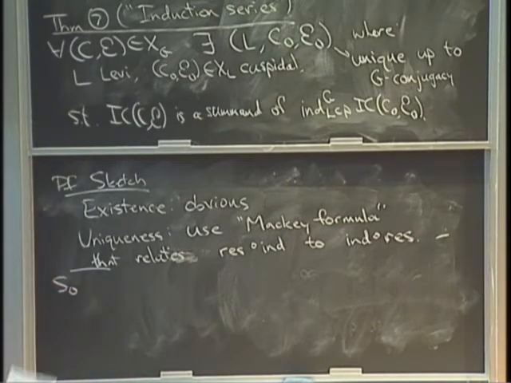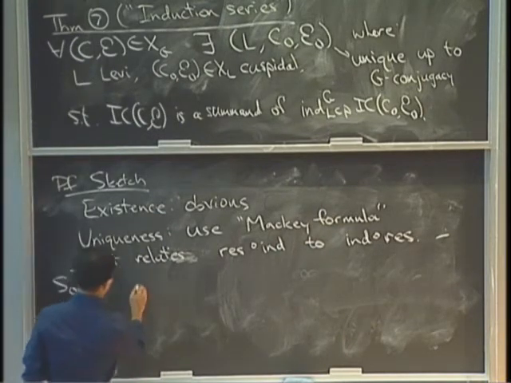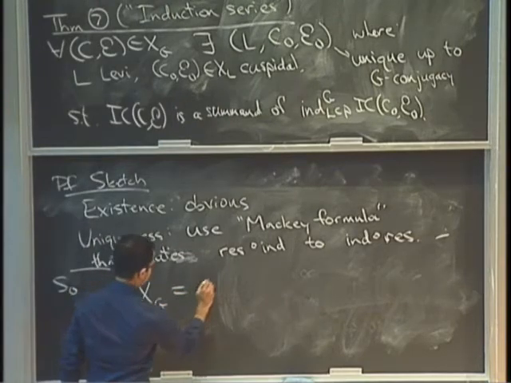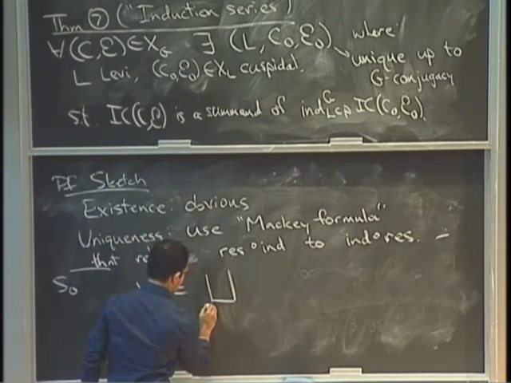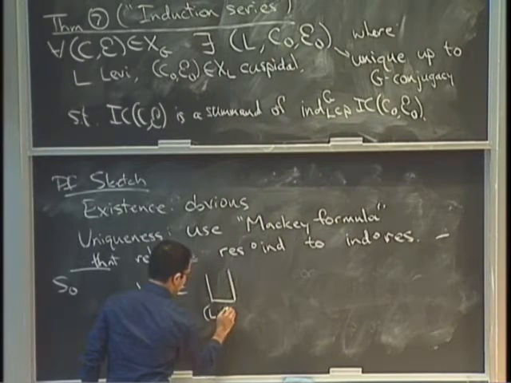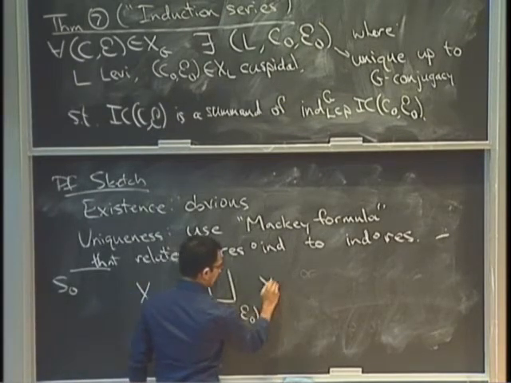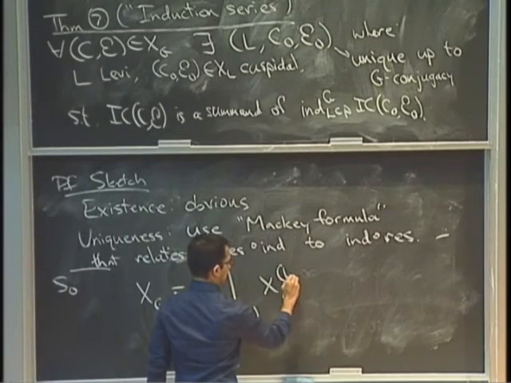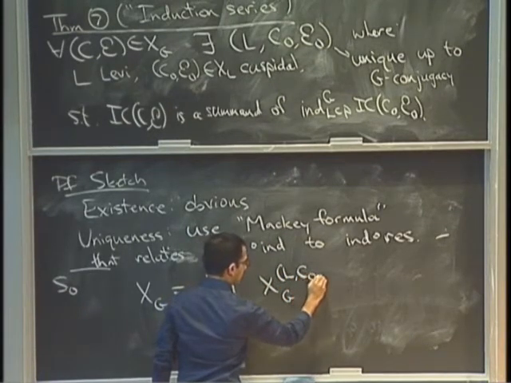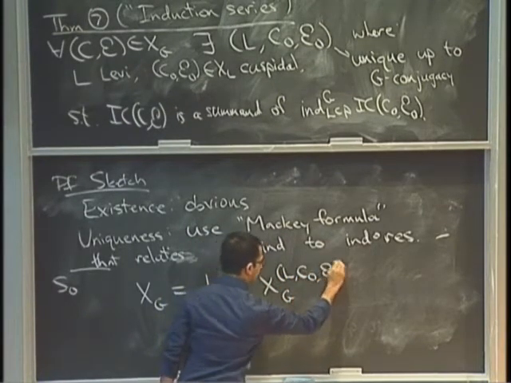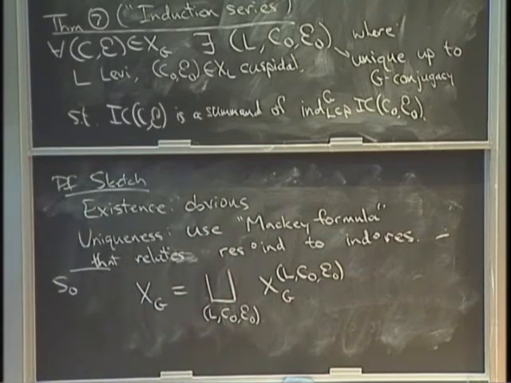But anyway, this theorem gives you a way to split up X G in a way that's labeled by these triples, L, C naught, E naught. So I'm going to write the L, C naught, E naught as a superscript there.